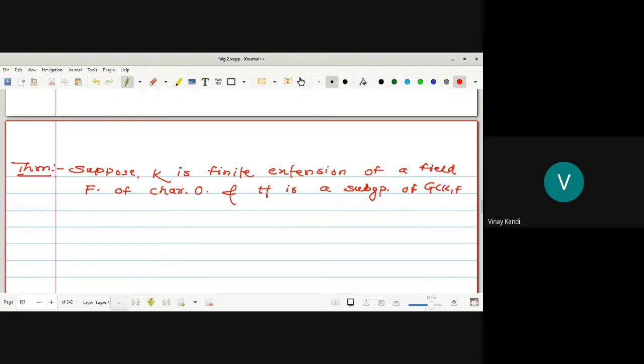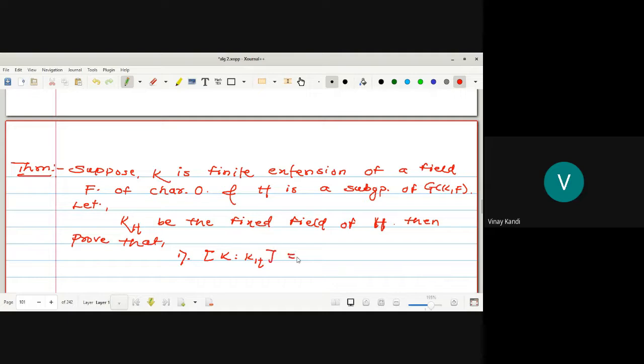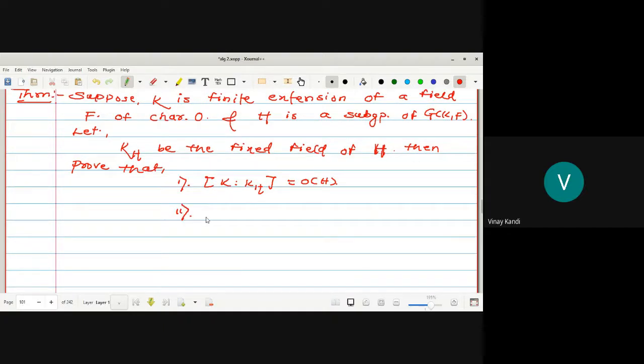Let K_H be the fixed field of H. Then prove that. The theorem is big; the next lecture will cover only this one theorem. Prove that first, the degree of K over K_H is equal to the order of H. Second, H is equal to G(K/K_H).